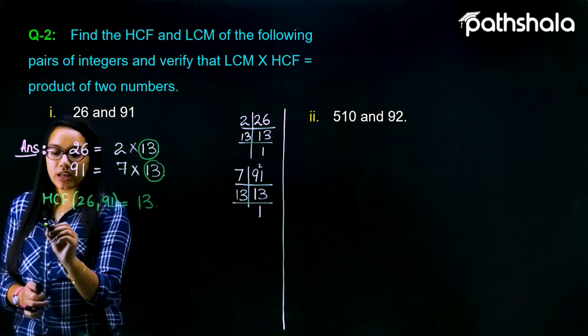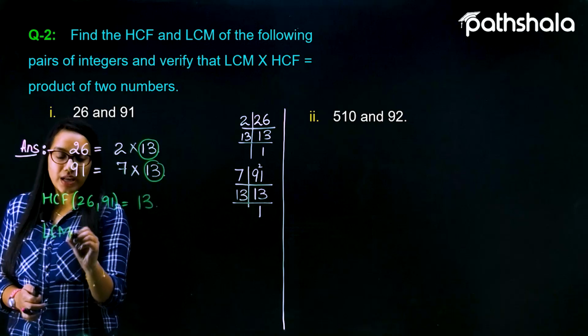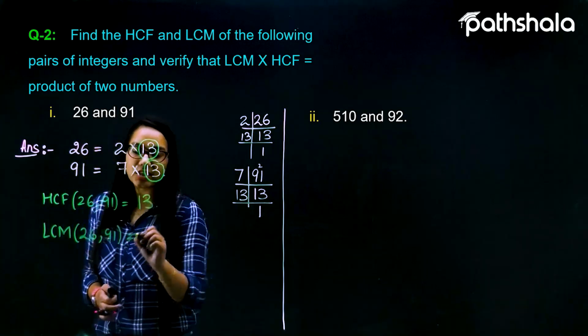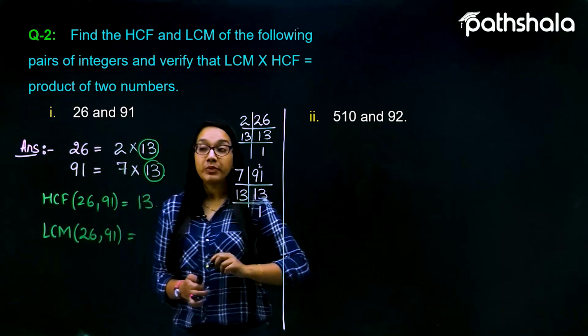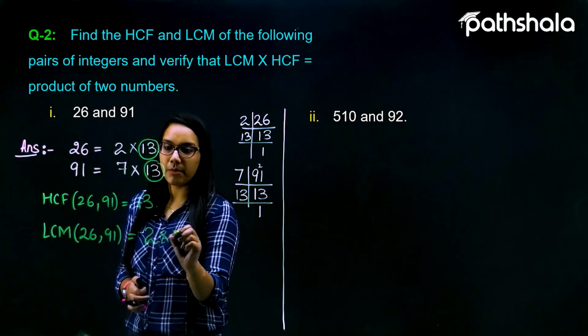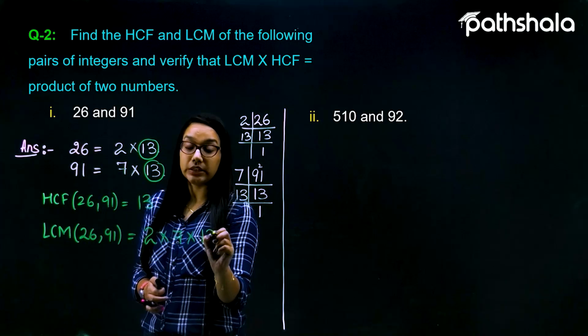Now move on to the LCM of 26 and 91. It involves the number 2, the number 7, and the number 13.